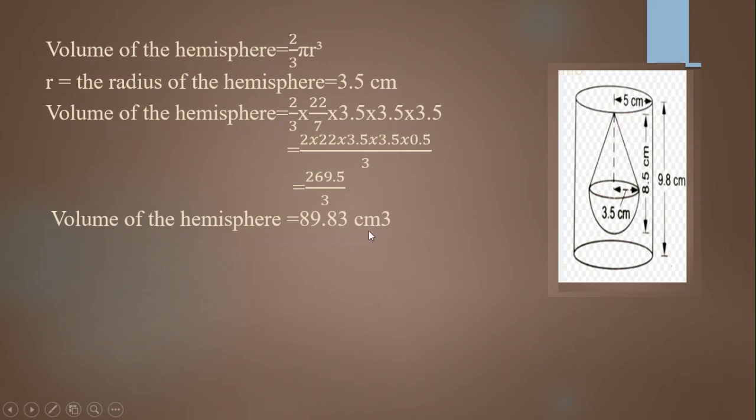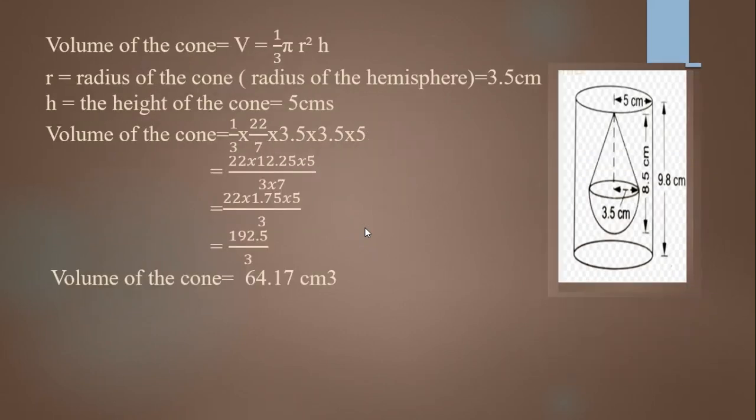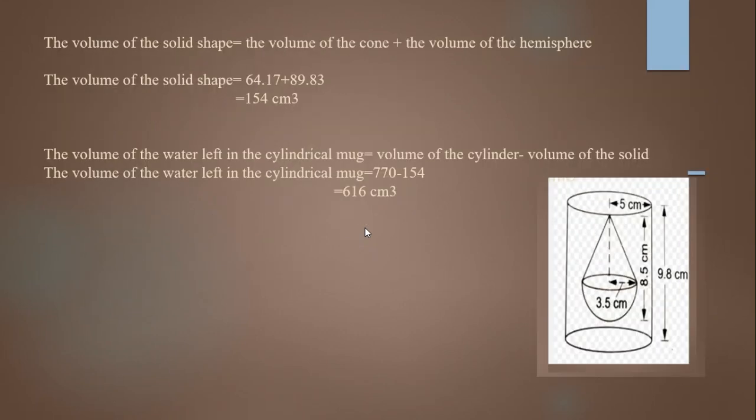We got the volume of the hemisphere and the volume of the cone. So in order to get the volume of the solid shape, we need to add the volume of the cone and the volume of the hemisphere. That's why I have added.